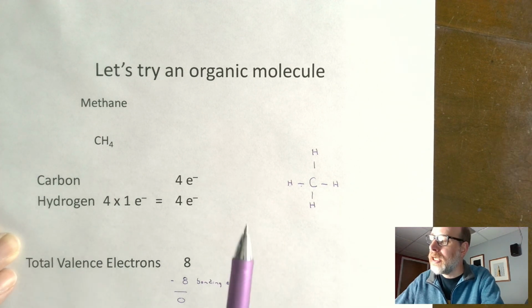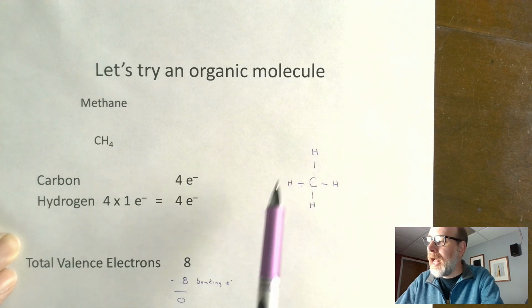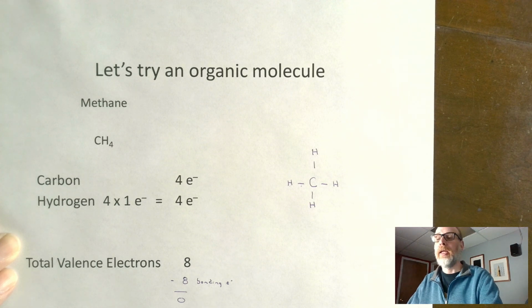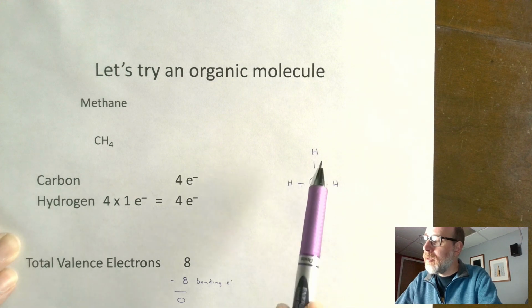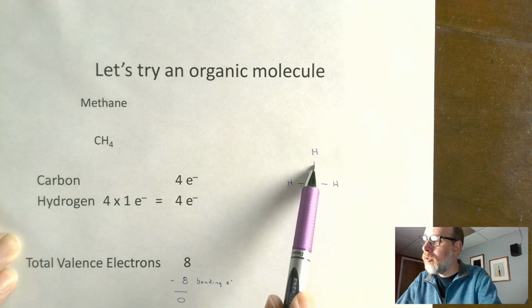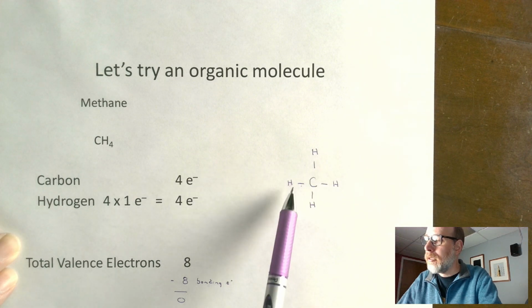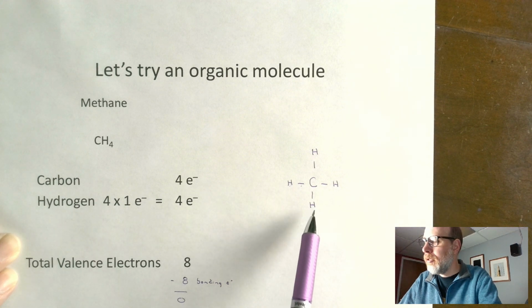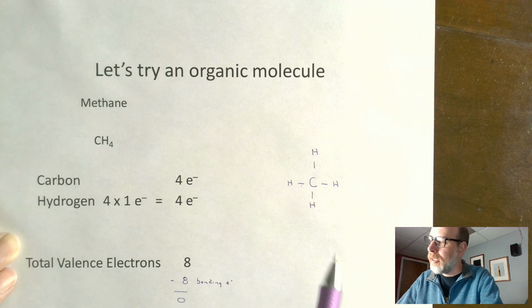So let's double check. Do each of these atoms in this compound have either an octet, 8 valence electrons around them, or a duet, 2 valence electrons around them? So this hydrogen has 2 electrons. Duet. This hydrogen has 2 electrons. Duet. Just do it, like Nike.